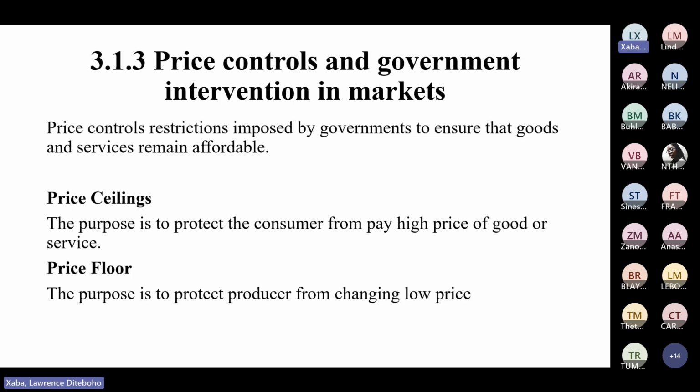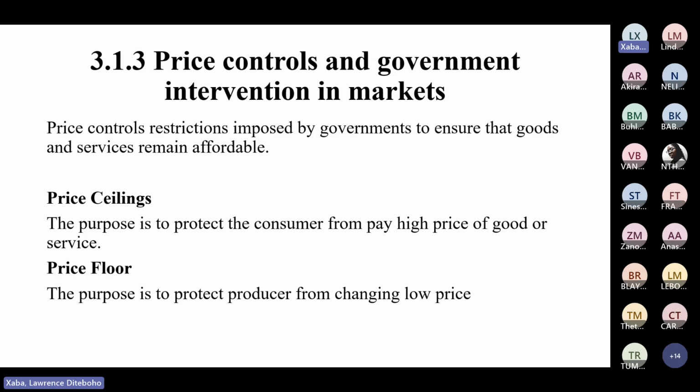Price control is imposed by the government to ensure that goods and services are affordable. When they mean the goods and services are affordable, they're looking at both sides: the consumer side and also the producer side. The government protects them both in terms of buying and selling goods and services.